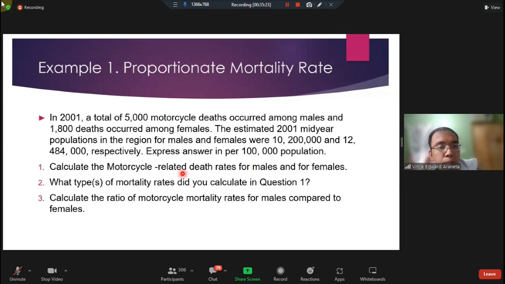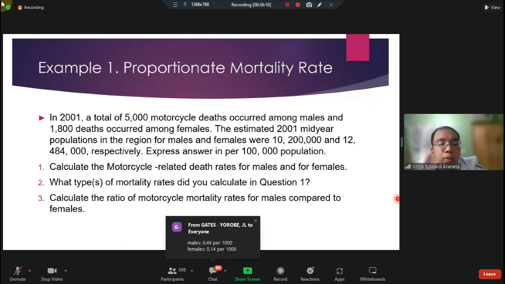So first, calculate the motorcycle-related death rates for males and females. Maybe answer that first. But the second question, just a heads up, is what type of mortality rates did you calculate? And then calculate the ratio of motorcycle mortality rates for males compared to females. Express per 100,000.